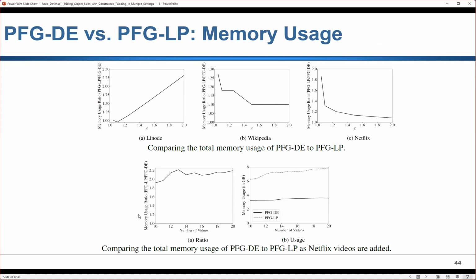And then we also compared what happens as the data set increases in size. So we leveraged our Netflix data set. We added one sequence at a time, and we depict here that the memory requirement for the LP outpaces the memory growth for the differential evolution solution.